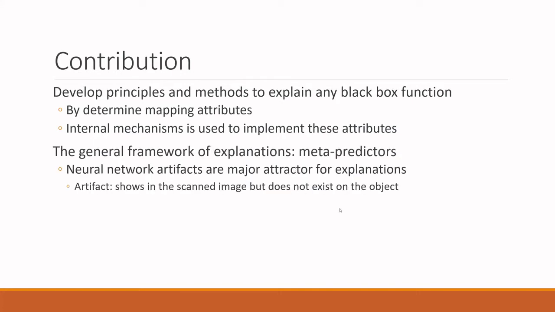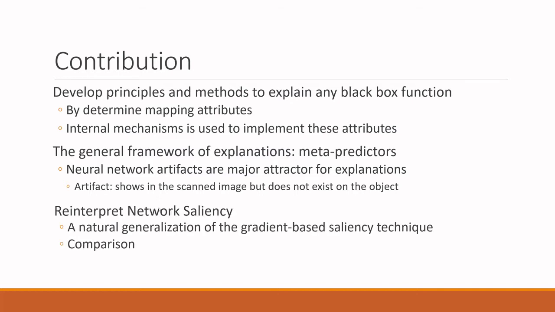Another contribution is that this paper proposed a general explanation framework, Meta-predictor, and identified that neural network artifacts are the main obstacle to interpretation. The definition of artifacts is pixels that show in the scanned image but do not exist on the object.